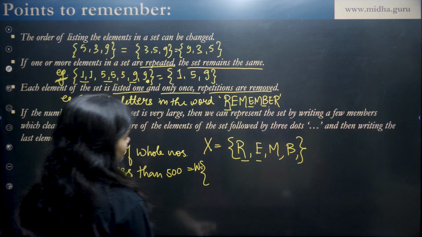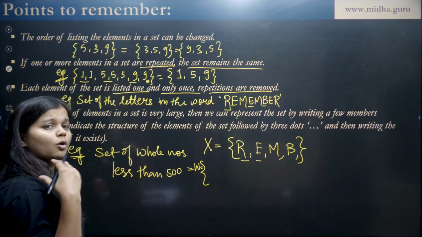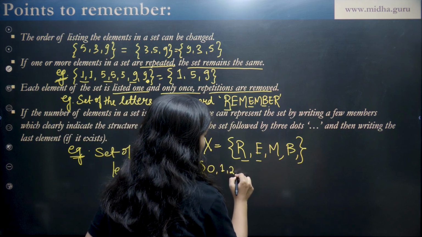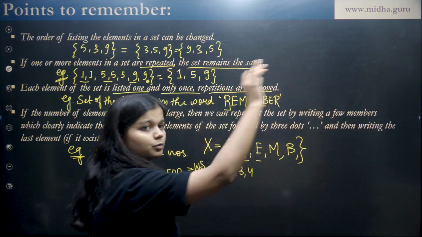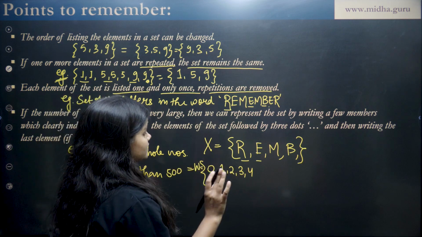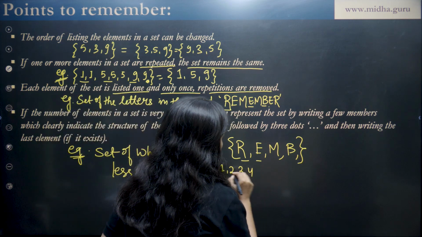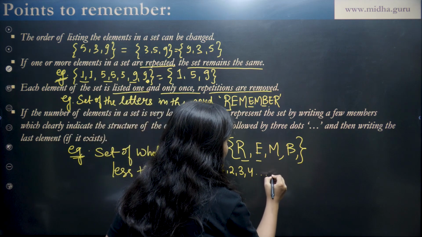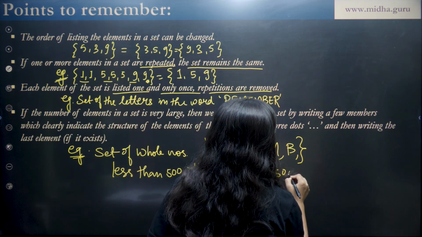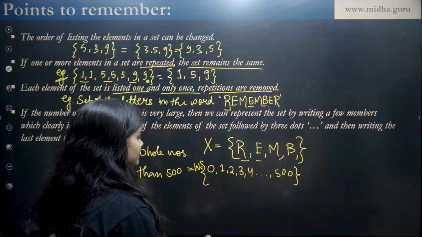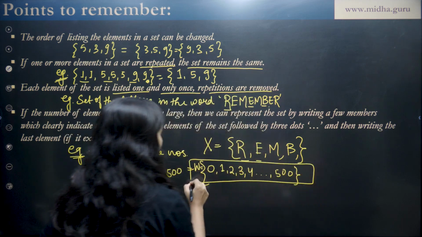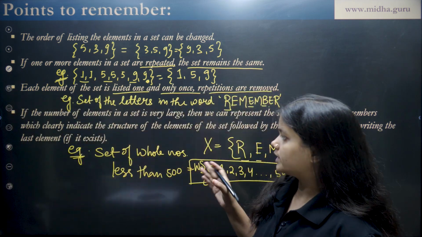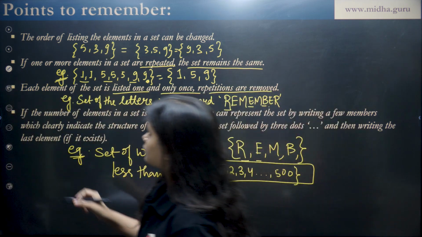Let us take the set W, and it includes all the numbers from 0 to 500, like 0, 1, 2, 3, 4 and up to 500. So these types of sets can be written by using 1 to 3 elements, 3 to 4 elements, and then 3 dots and the last number if it exists, like this. So a set can also be written like this. Okay, I hope all these 4 points are clear to you. Now let's move to the next slide.